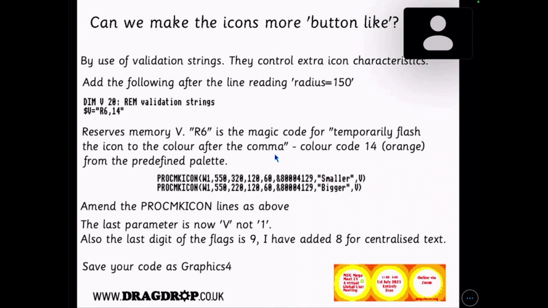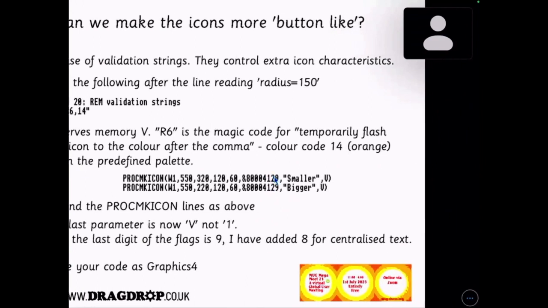You can do other things like have posh borders and all sorts, but here we're just going to get it to change the icon color. And oh yes, something I forgot to mention, if you were paying close attention to the icon flags in there, you might notice that the last number is now 9.